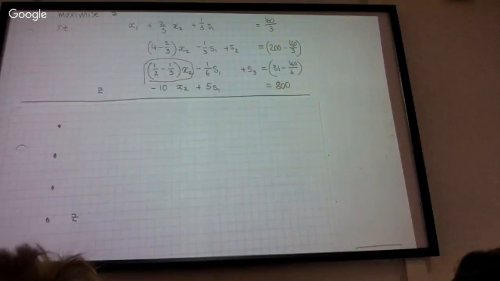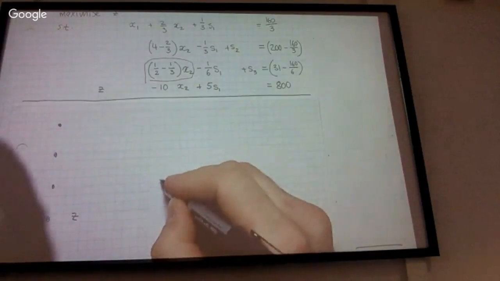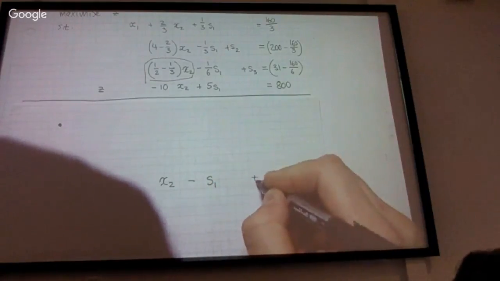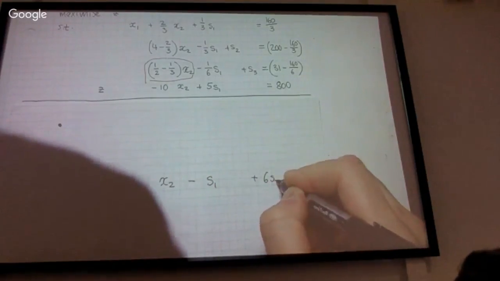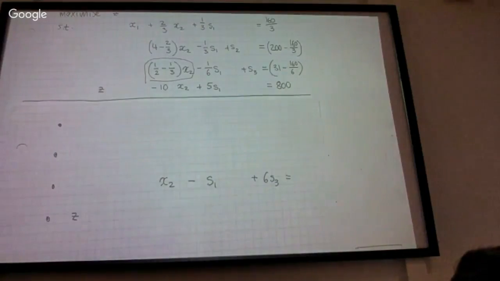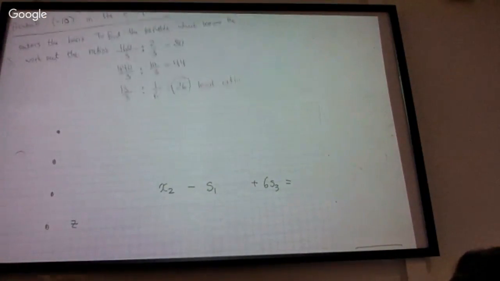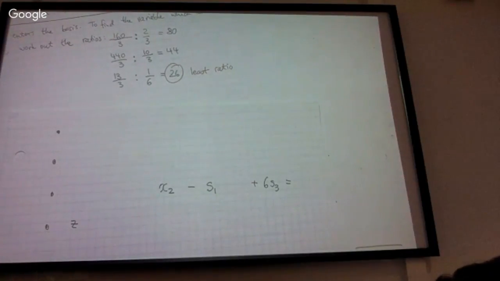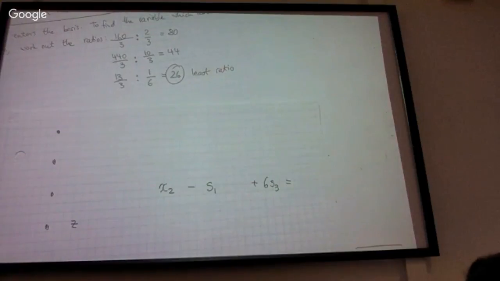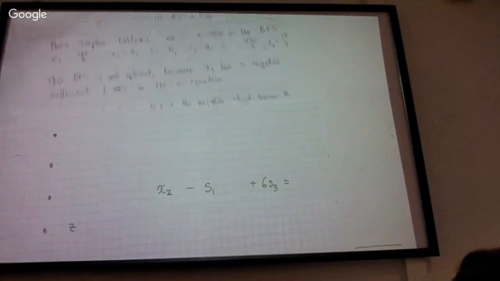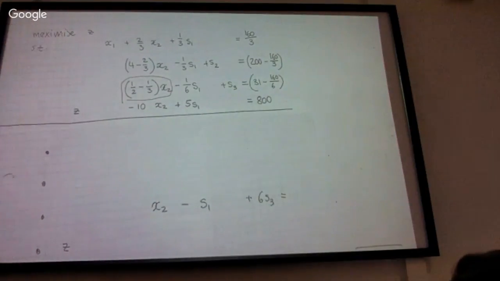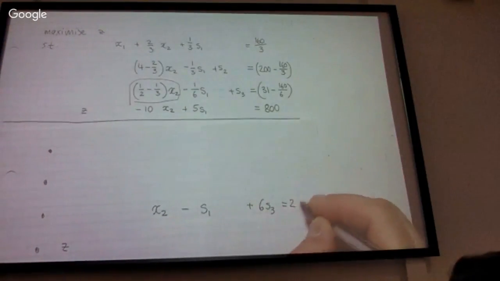Okay, and what we get is x2 minus s1 plus 6 s3 equals what? I can't remember what it was. Was it 13/3? Oh yeah, of course, it must be the 26 that we've just worked out, isn't it? So yeah, this is 26.